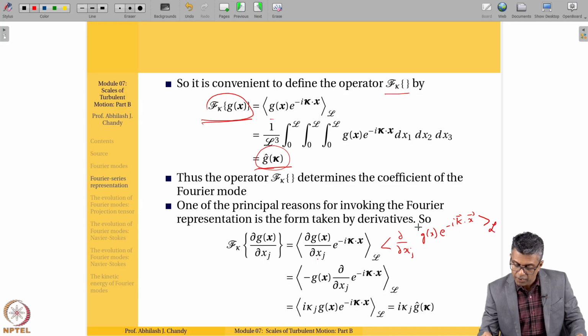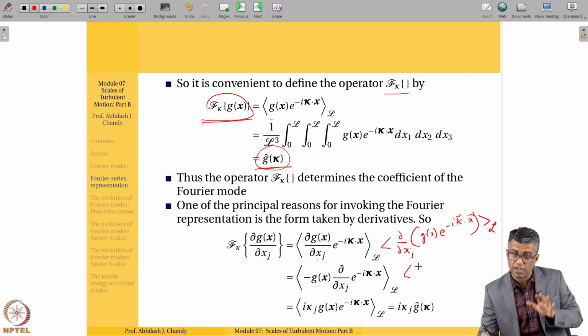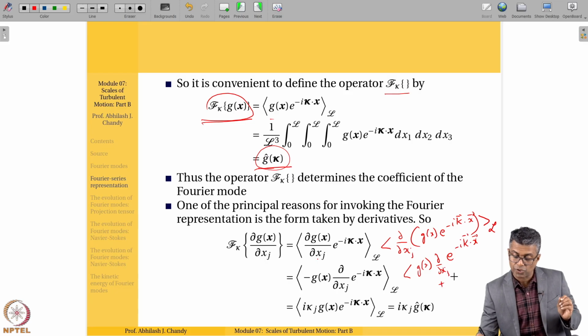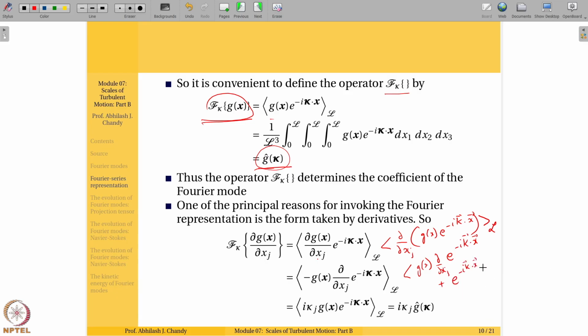So if you consider this expression, now I could apply the chain rule and it would be g of x, obviously volume average, and then it would be first times the derivative of the second plus second times the derivative of the first. So it would be g of x, okay, times del xj of e to the minus I kappa dot x plus then the derivative, the second one, which is e to the minus I kappa dot x multiplied by del xj of g of x.